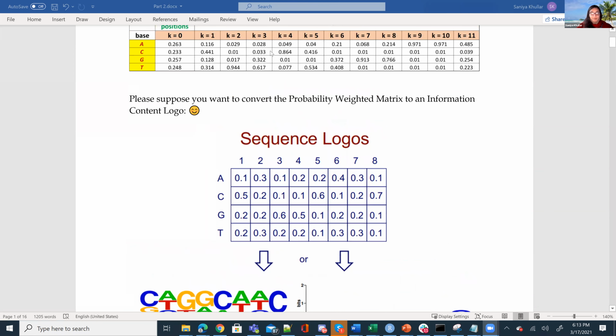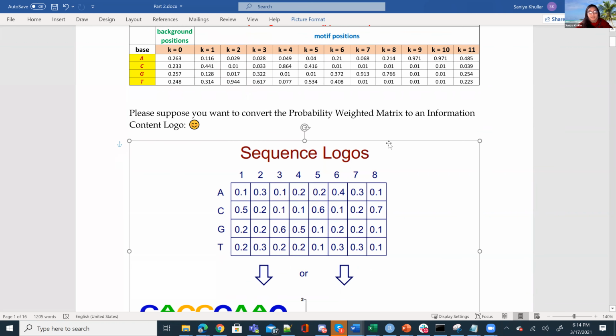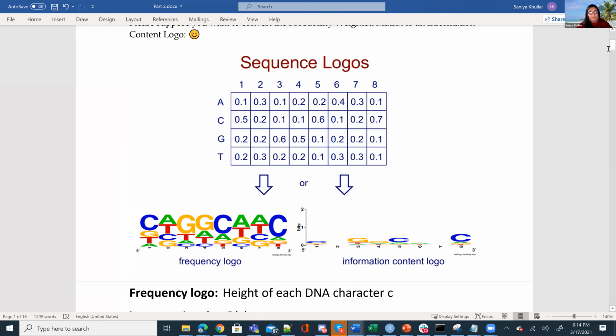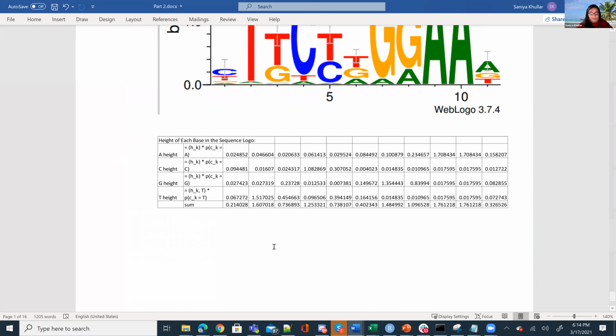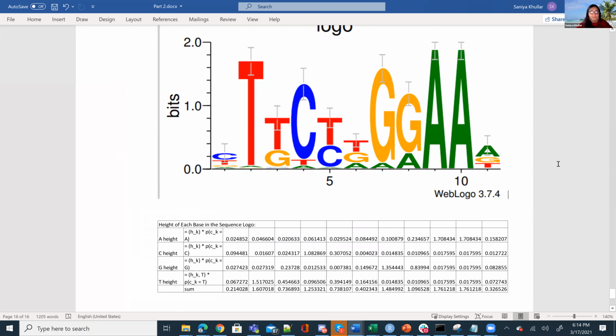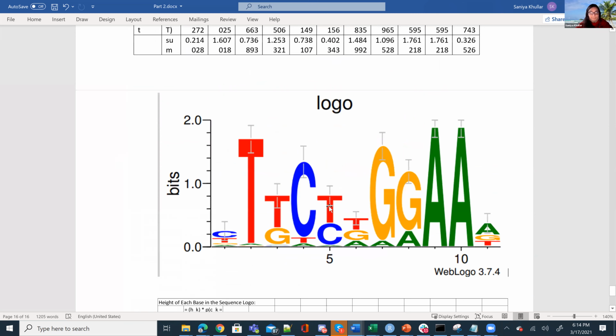So we are given this probability weighted matrix, and based on that, what I want you to see is that the more probable some bases, the higher information we'll get. So towards the end, when we calculate it, these are the same values that I was showing before. The information content logo that we ultimately get is going to be kind of what we expect in a way. I know this is kind of long.